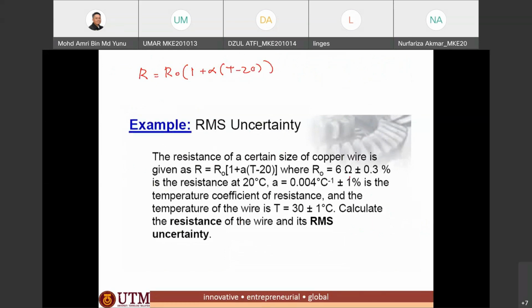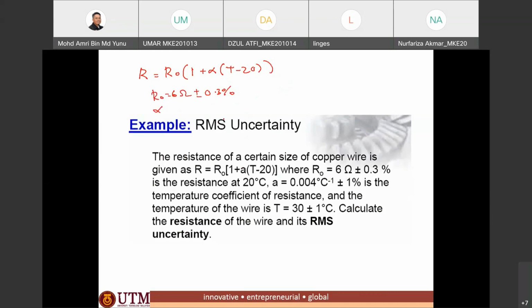R naught is 6 ohm plus minus 0.3%, where this is the resistance at 20.